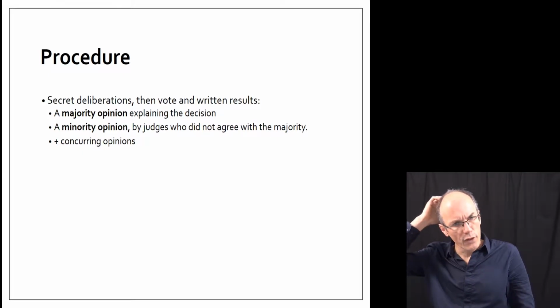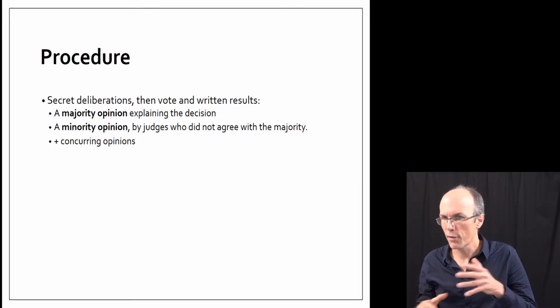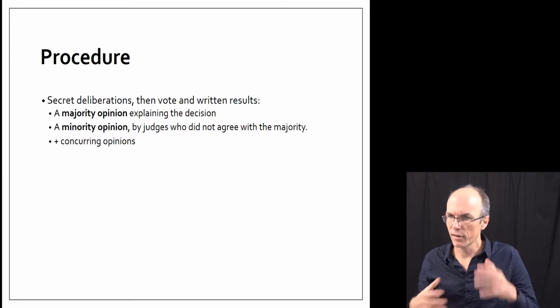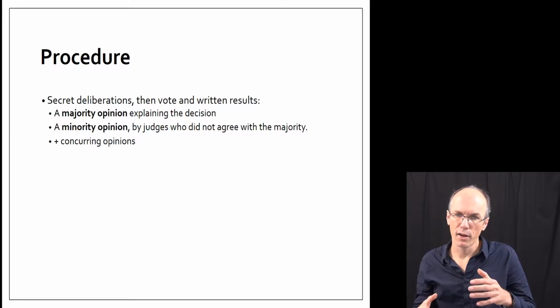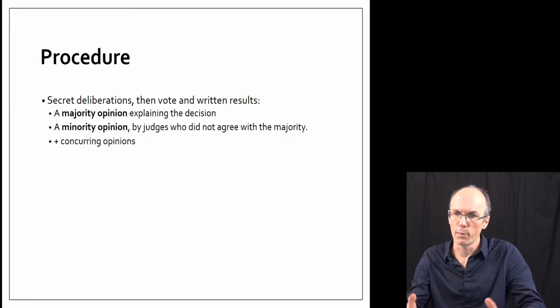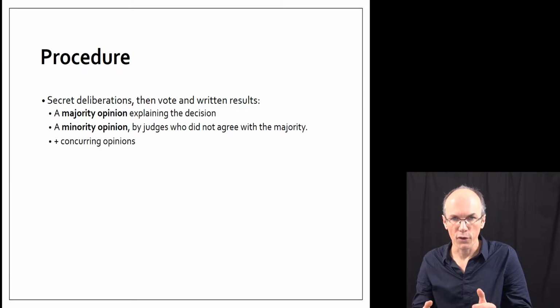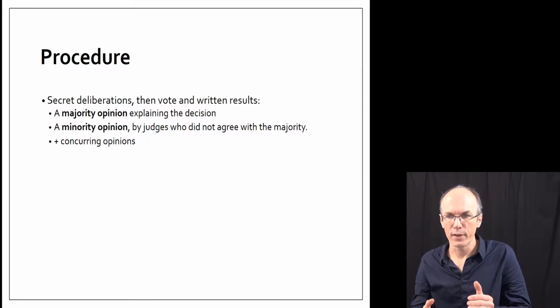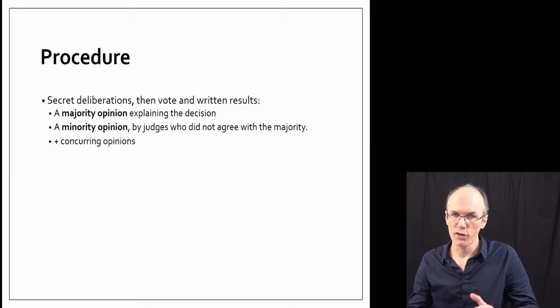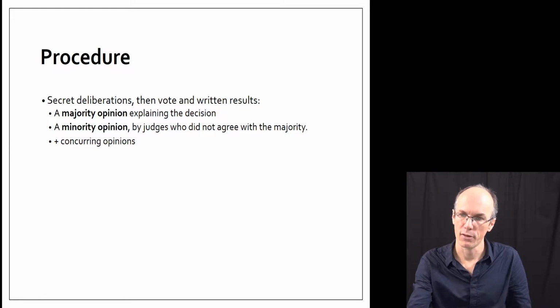Then after the arguments, there's a period during which the court deliberates in secret, and then writes the results. So you get a majority opinion, and sometimes a minority opinion. And what's important is that in all these cases, you have explanations. You can know how the Supreme Court thinks about these matters.